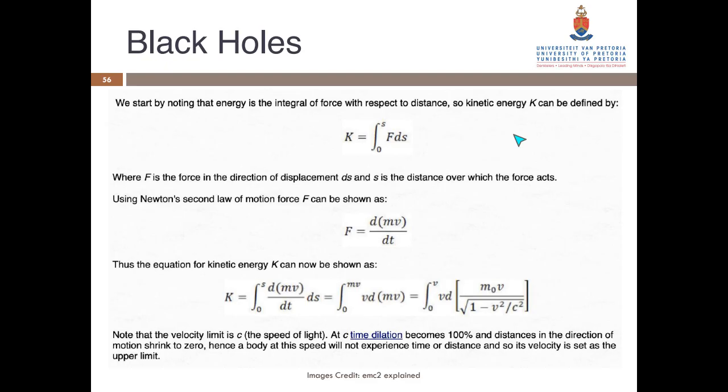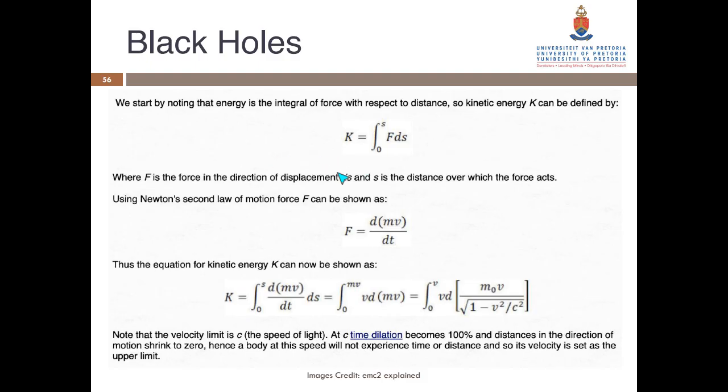So something interesting as part of the background information and general relativity: where does mc squared come from? When you start off by integrating kinetic energy, you have kinetic energy as the line integral of F dot ds, where F is the force in the direction of displacement ds and s is distance.